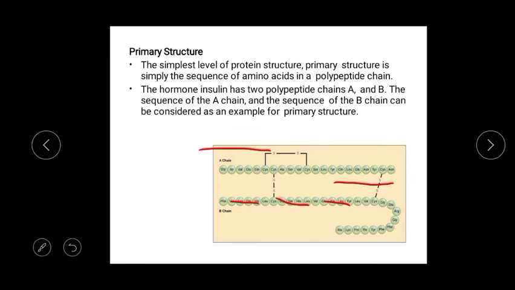So, the primary structure. It is the simplest level. Here we can see a sequence of amino acids in a polypeptide chain, a chain-like structure.